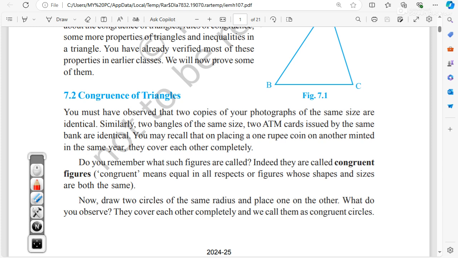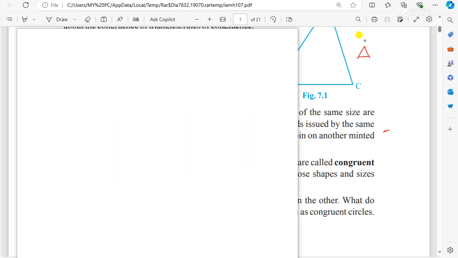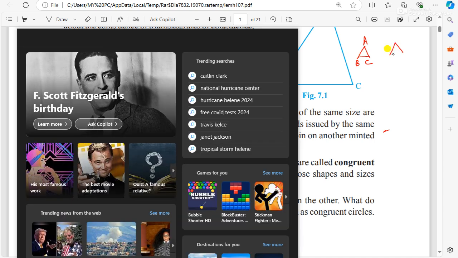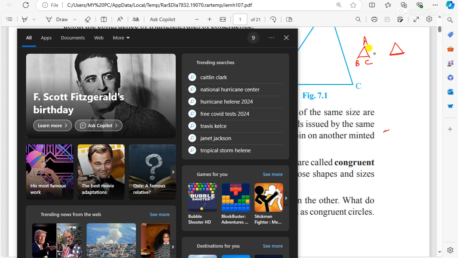For example, if we draw two triangles, suppose this is one triangle ABC, and there is another triangle, suppose this one is DEF.